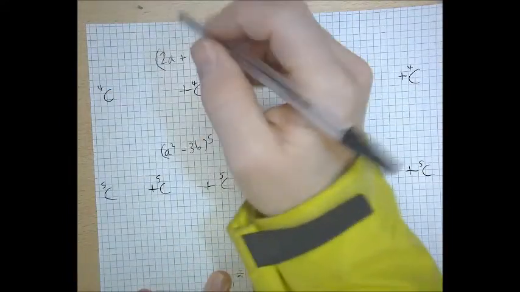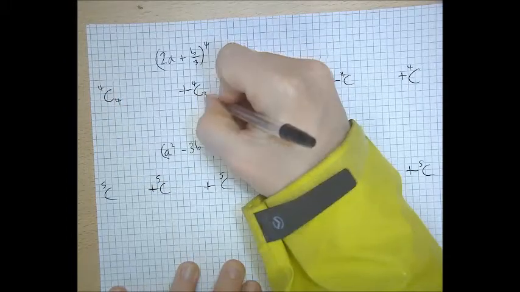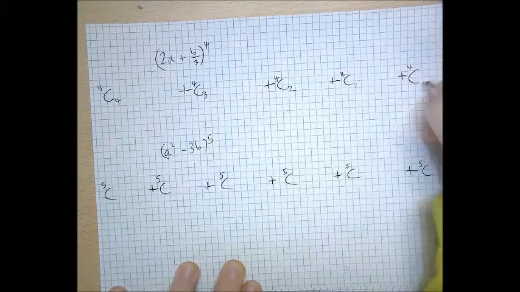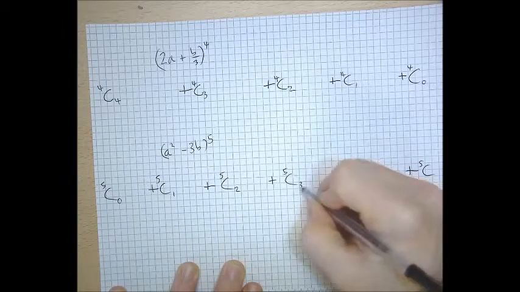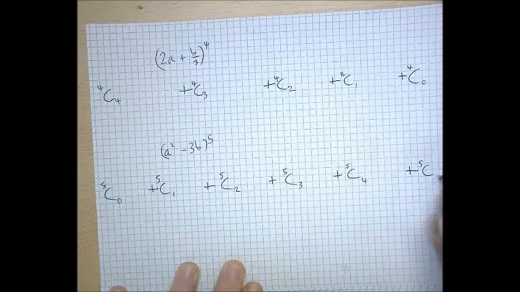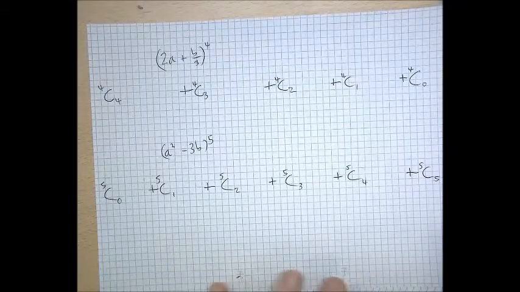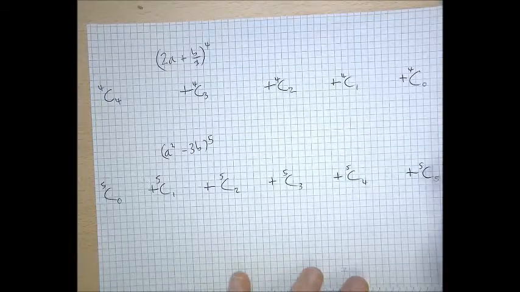So this is me counting down. It doesn't matter which way you do it. And this is me counting up. Don't forget to include 0. And for goodness sake, check that you don't exceed the number that was at the top.